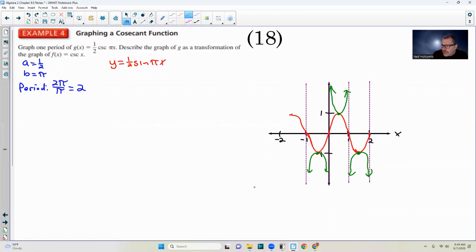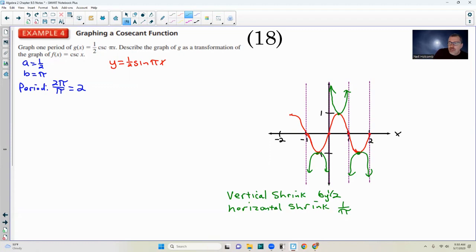And so that is a vertical shrink by a half and a horizontal shrink by the reciprocal of pi, 1 over pi, of the graph of f. So that is how you graph cosecant.